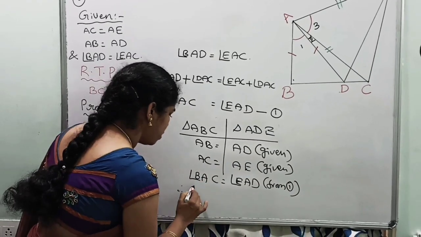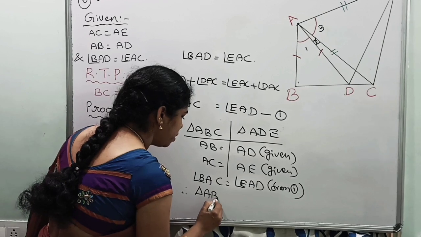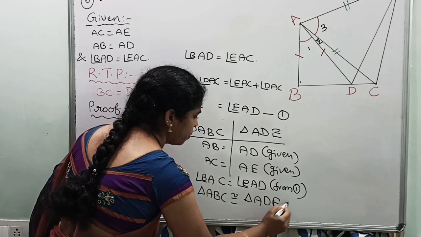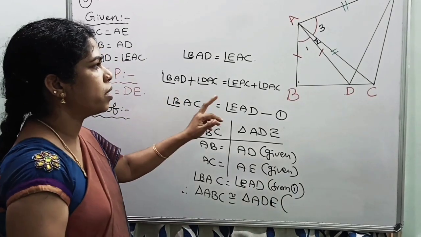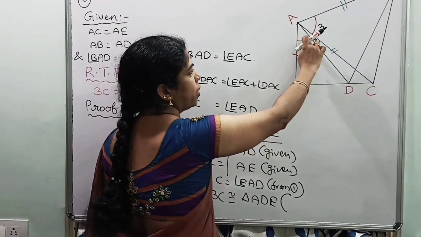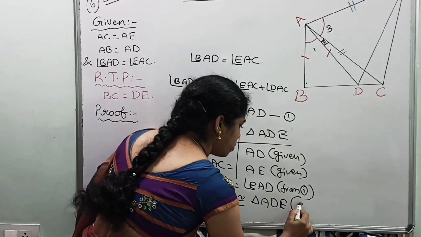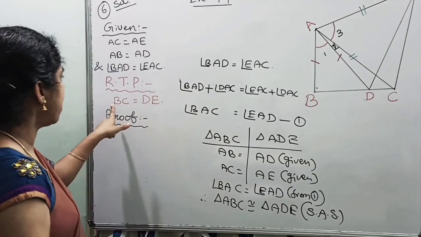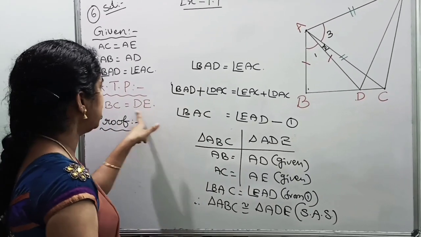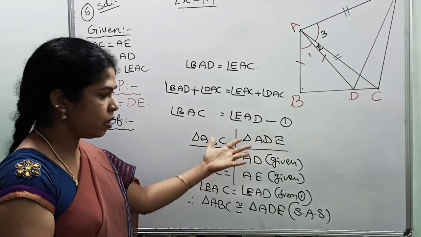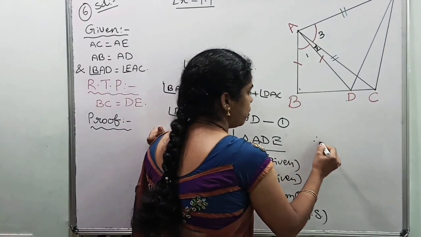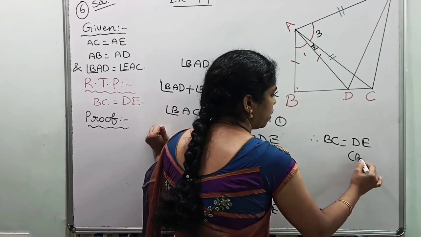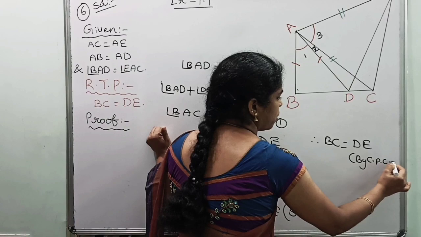Therefore, from this we can say triangle ABC is congruent to triangle ADE. By which congruency? Side, angle, side. So, SAS congruency. They asked us to prove BC equal to DE. BC and DE are corresponding parts of the congruent triangles. Therefore, BC is equal to DE by CPCT.